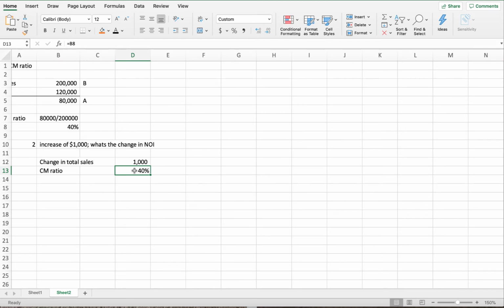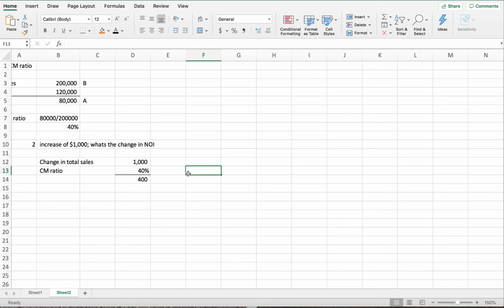So to figure out what the estimated change is in that net operating income, we just multiply. And we get $400. That's how we solve the second exercise. Very simple, very easy, just utilizing the sales and the contribution margin.